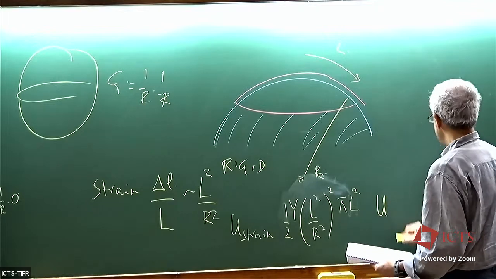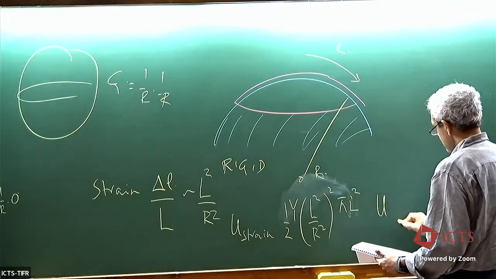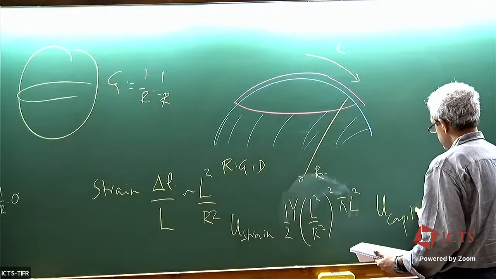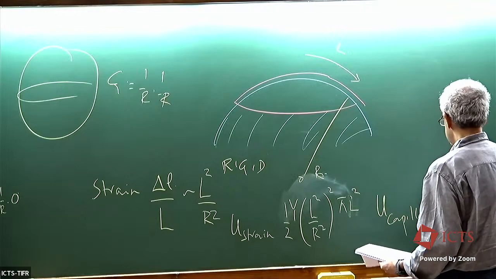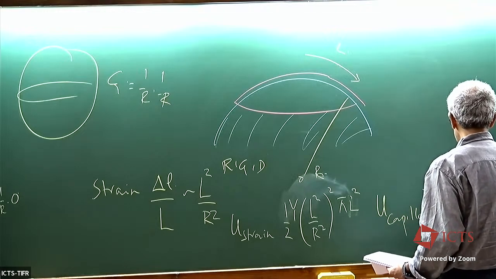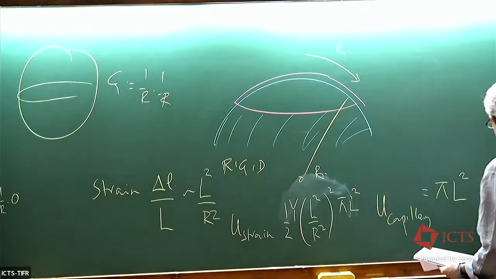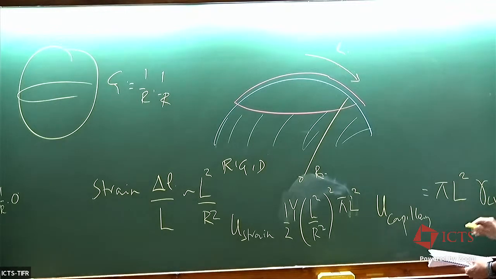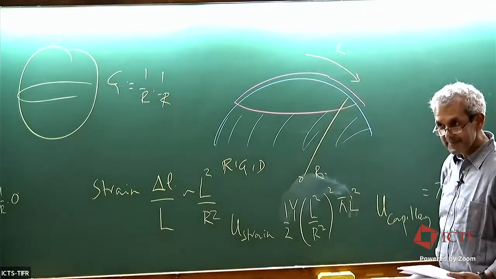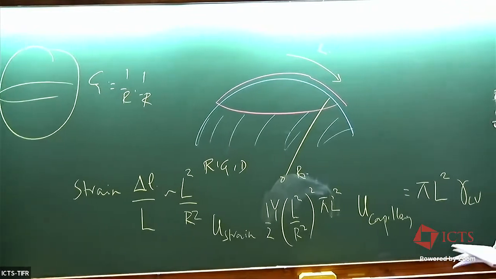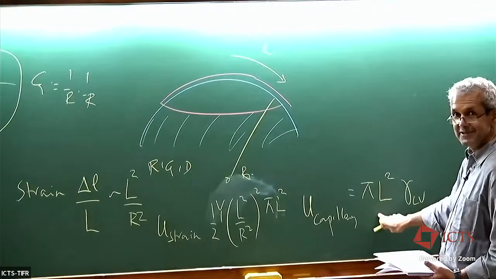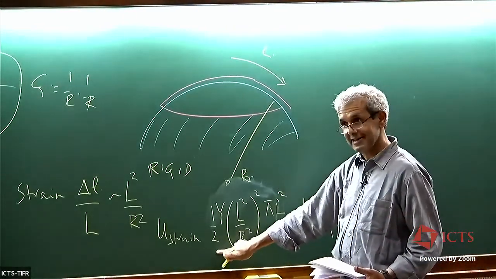And the U for capillary is, you manage to cover pi L squared area, and everywhere you did that, you saved some water from seeing the air. This is driving the process. This is hurting the process.